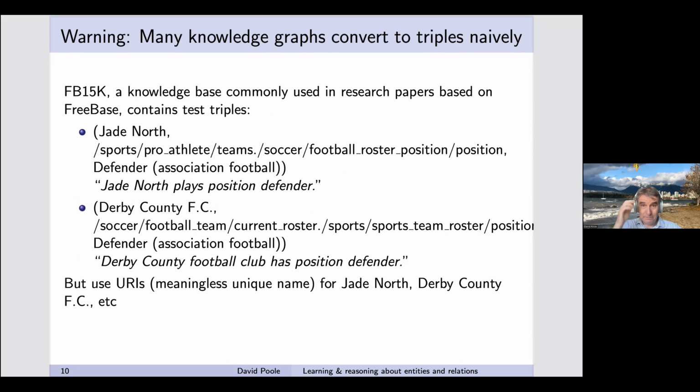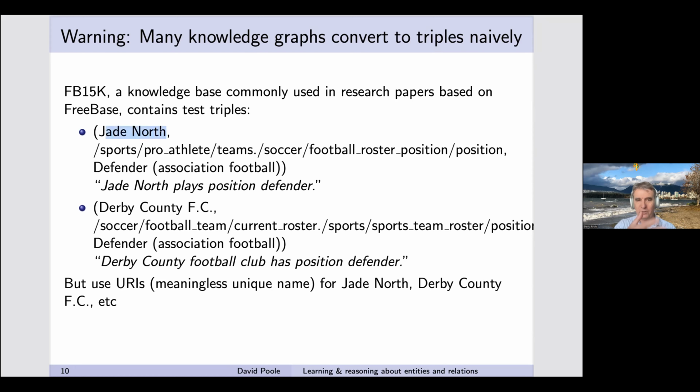Here's an example I'm going to use a few times. FB15K is a knowledge base used in lots of research papers for comparing things. It's from an old Freebase, which is a precursor to Wikidata. And here's one of the triples that's in the test set.